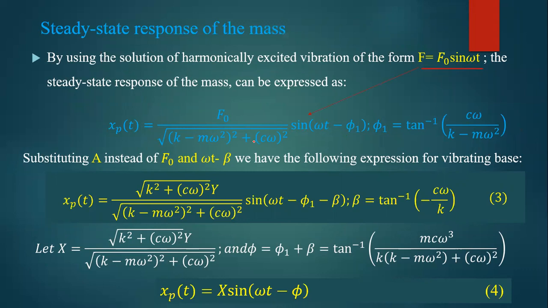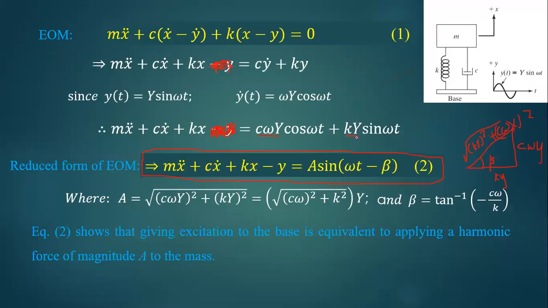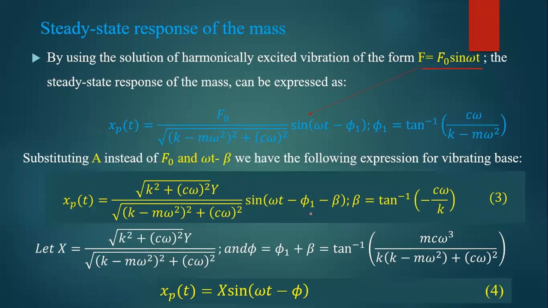In our case, instead of F naught, it is A, the A value is this one. So the response is A over the square root of ((k minus m omega squared) squared plus (c omega) squared), times sine of (omega t minus phi 1 minus beta). This beta is the sine and cos difference in this equation, so that is different. So phi 1 is the phase angle of the whole transmission of the vibration.